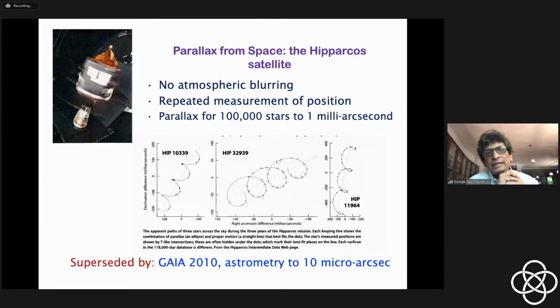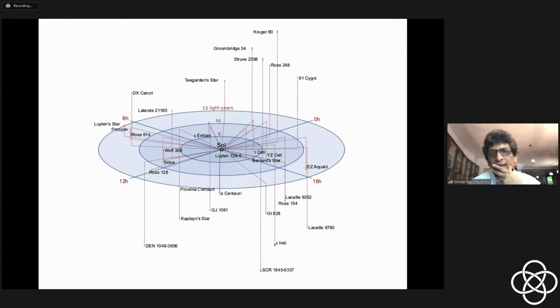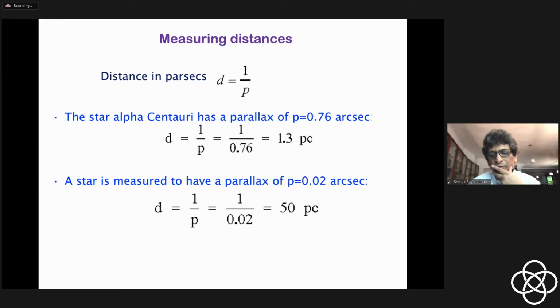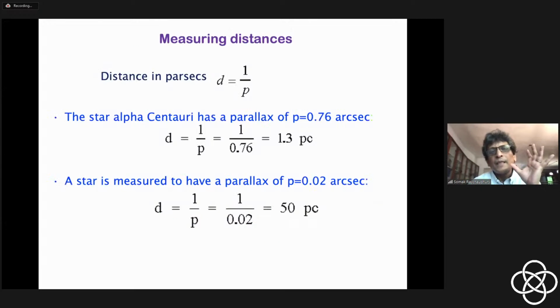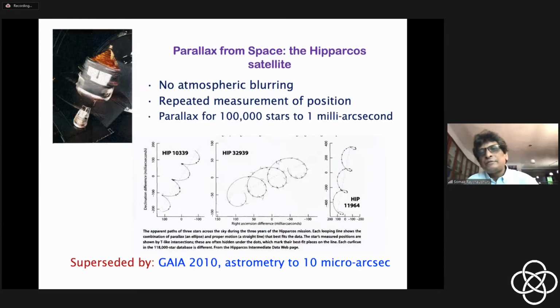And in its lifetime of about 5 years or so, it doesn't work anymore, it measured parallax for about 100,000, a lakh stars, to 1 milliarc second. Remember, I said from the Earth, with repeated measurements, you can do up to about 0.01 arc seconds, even though not very good. But Hipparcos did this to 1,000th of an arc second for many stars.